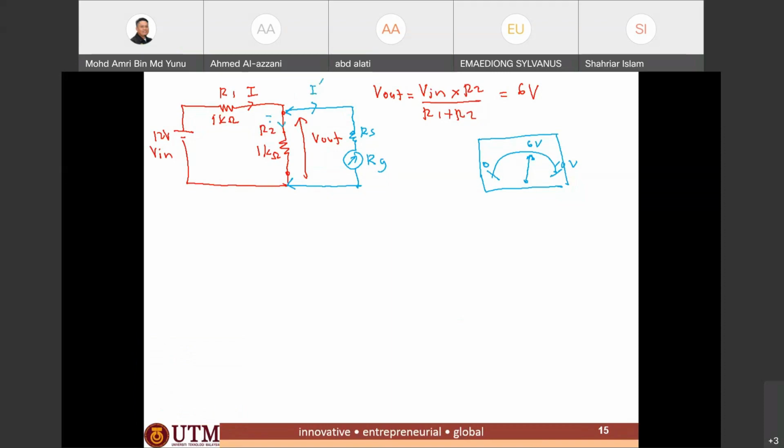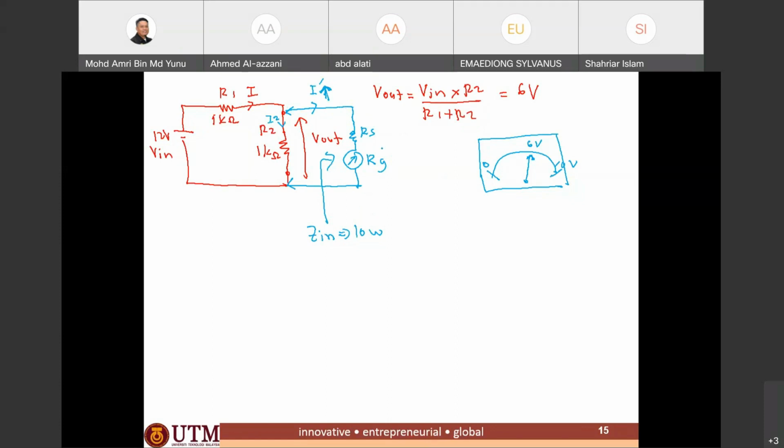If this input impedance Z in of the device is low, it will draw more current.